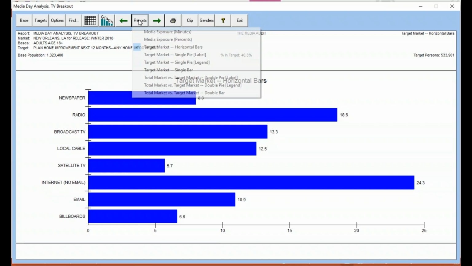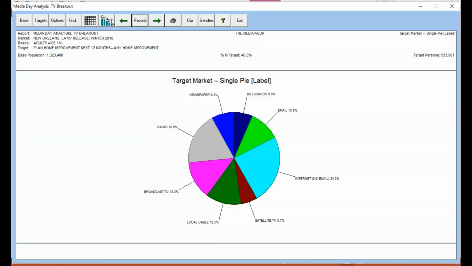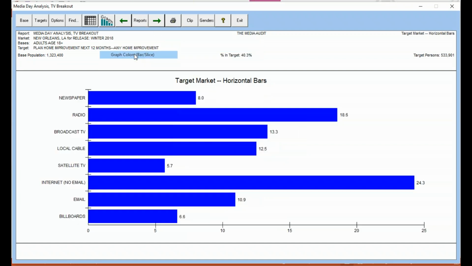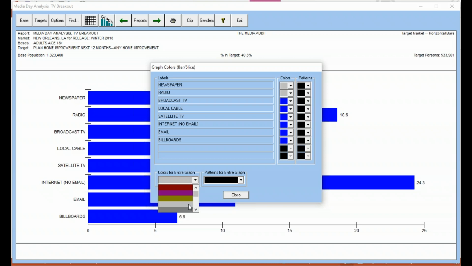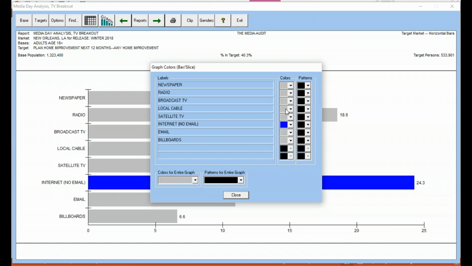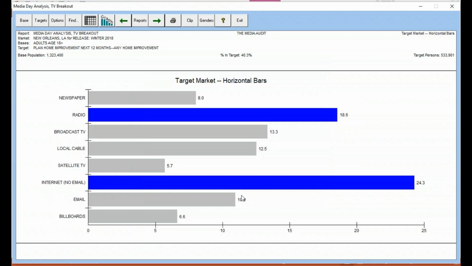This is where I like this report or the pie report, because what you're doing here, let's go back to the bar report, what you're doing here is, by switching out the colors, maybe making everything gray and pronouncing radio and internet, you can quickly lead your client to understand, even though they may be dead set against internet or maybe dead set against radio, you can say to them, maybe it's something you should consider again, because out of their entire media day, they're spending 24% of their time with internet.